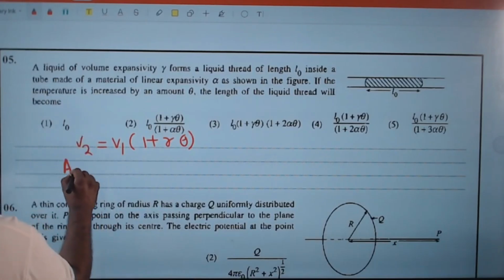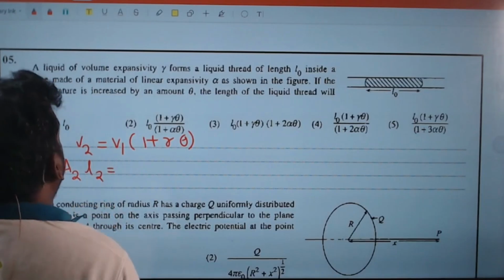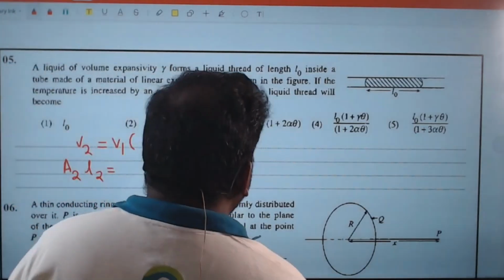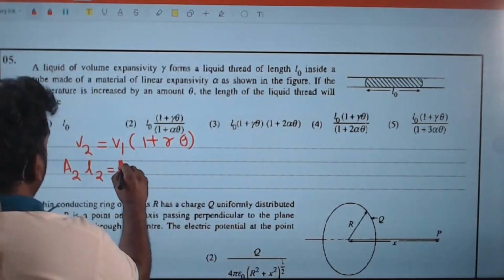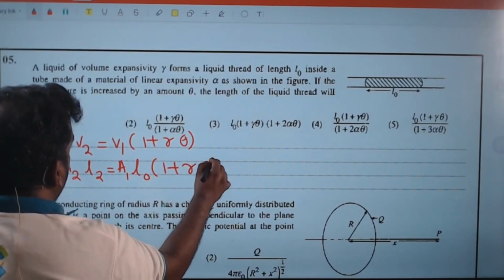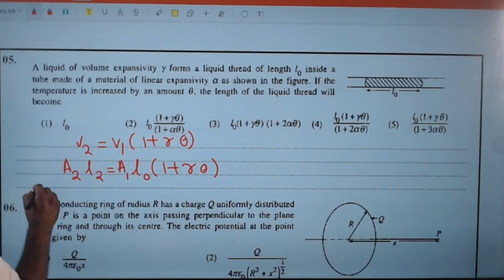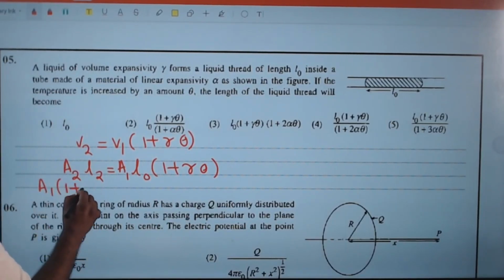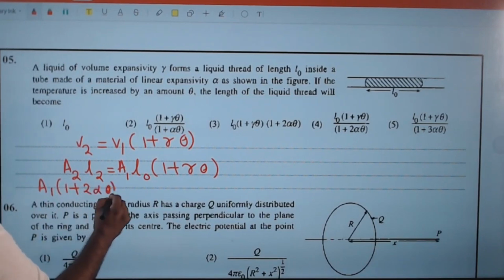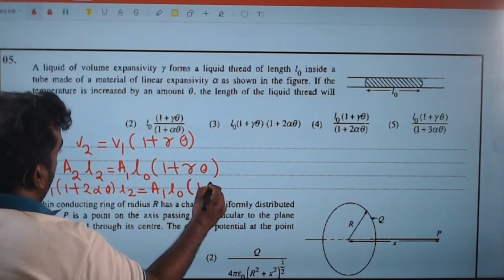Final volume is final area times final length. Initial area times initial length times 1 plus gamma theta. What can you say about the final area? Initial area times 1 plus 2 alpha theta.